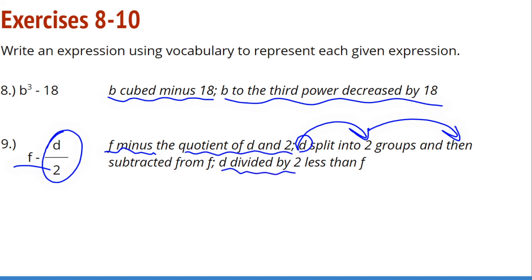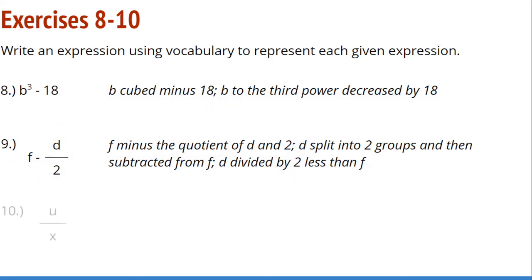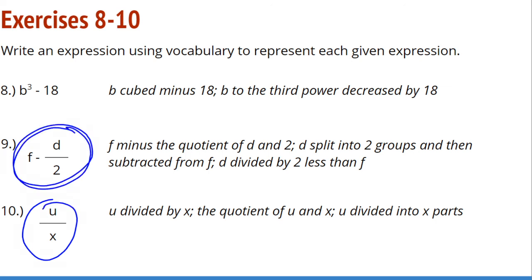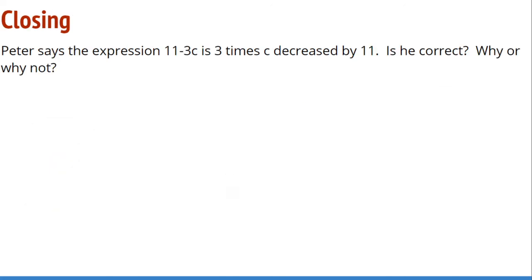D divided by 2 less than f. The quotient of u and x, u divided by x. These single step ones here are pretty easy. It's when we start doing things like this where we've got a division and then a subtraction that things start to get a little bit more complicated for us.